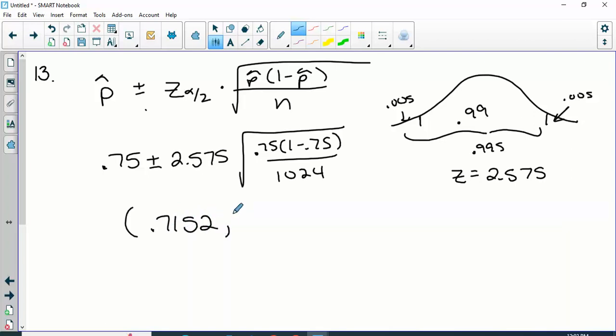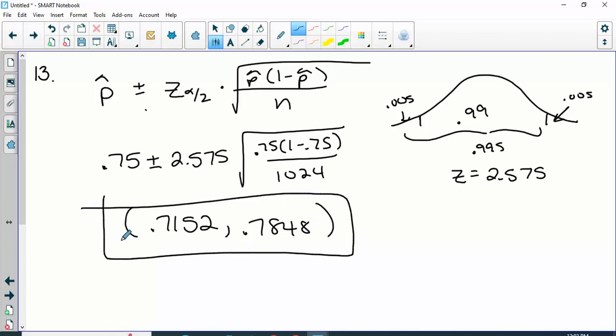And once you have that one, if you just do second enter, you can bring it back up and change it to a plus. And so we get that confidence interval. Everyone get it? Okay. I didn't say that you had to work it out by hand. So the other option is to use the calculator.